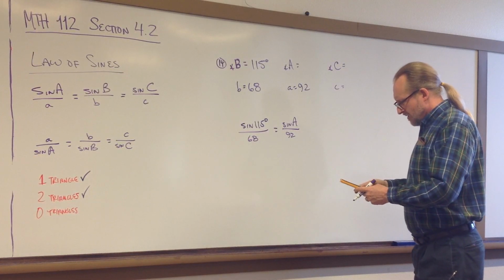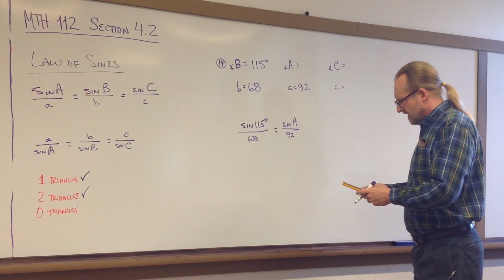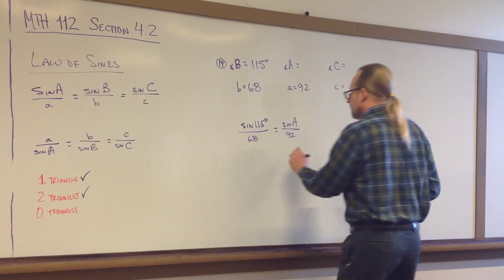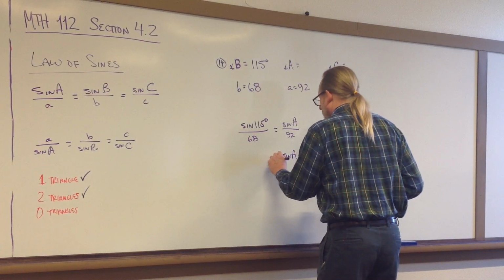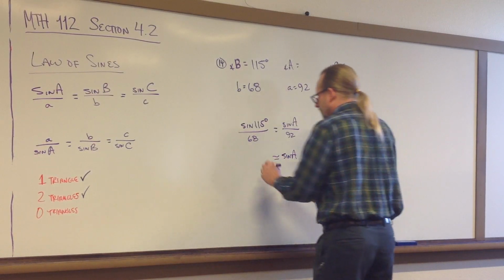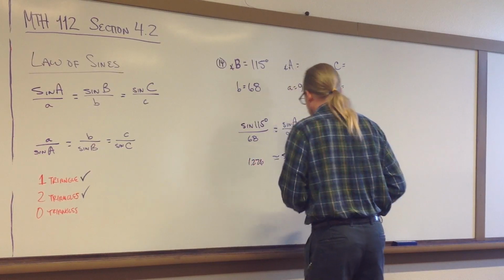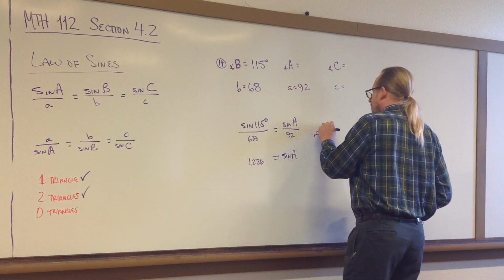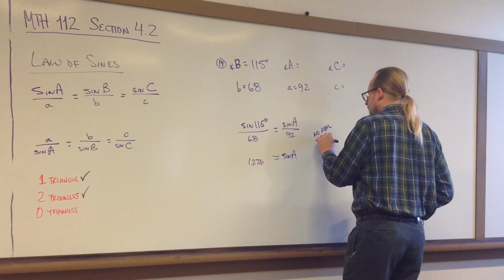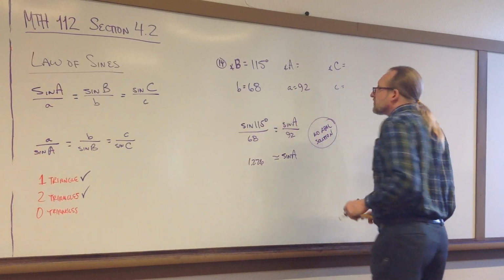Let's find out. Sine of 115 divided by 68 times 92. Yeah, sine of A ends up being bigger than 1. 1.226. No real solution. 0 triangles.